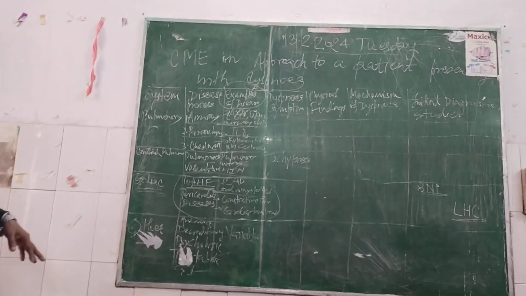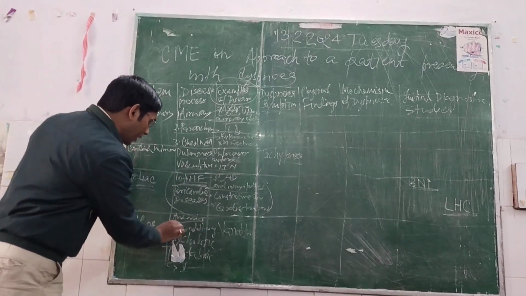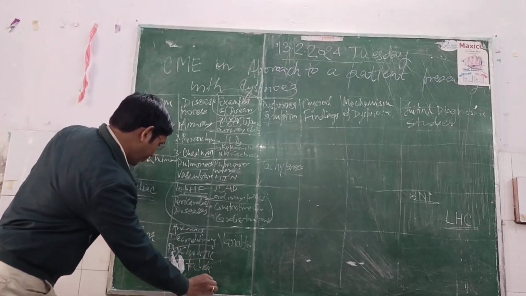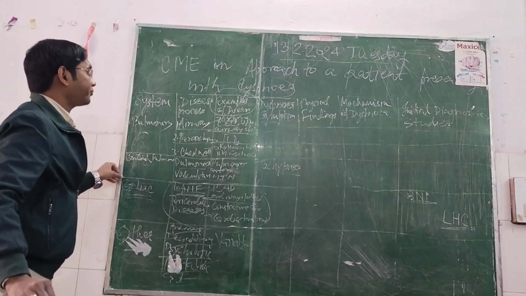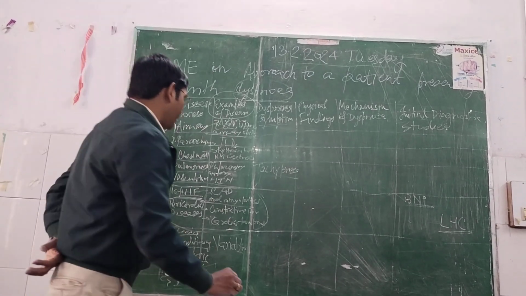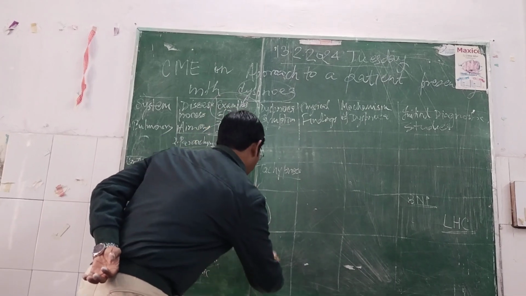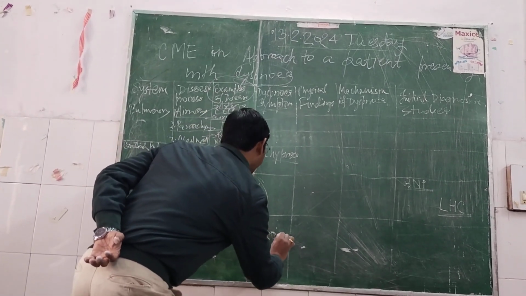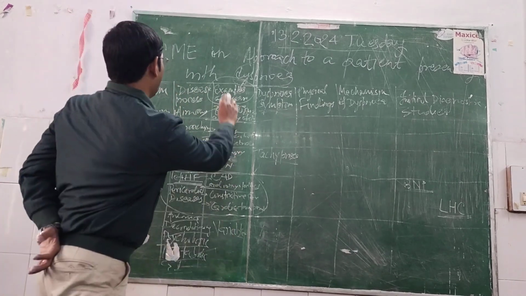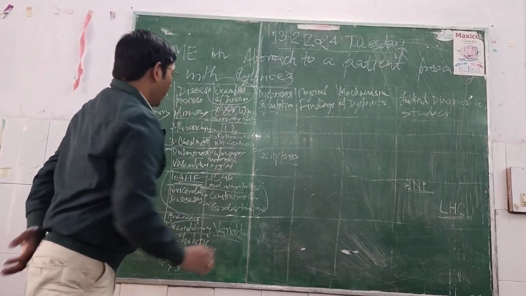Now the other causes are anemia, deconditioning, psychologic, metabolic, and GI. So in case of dyspnea, the symptoms will be variable in this group. Examples are variable.